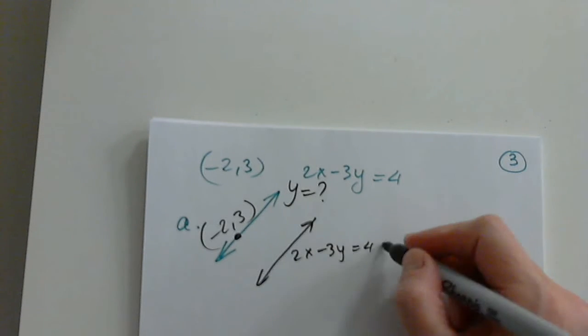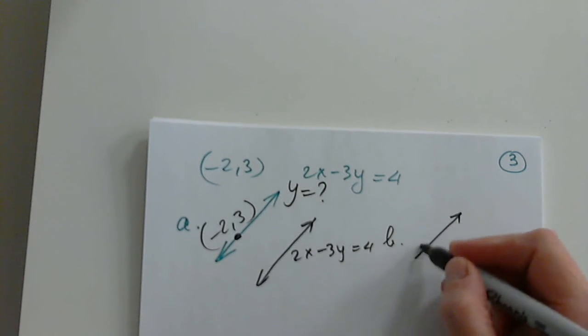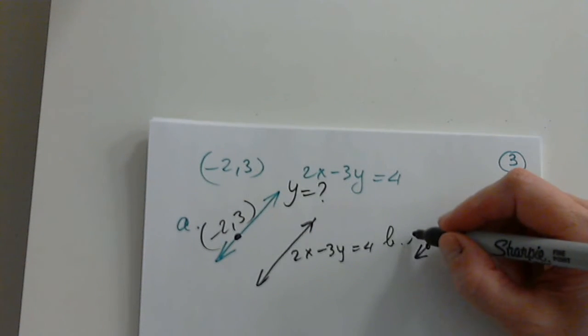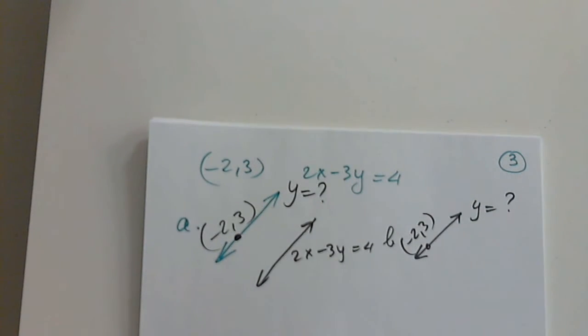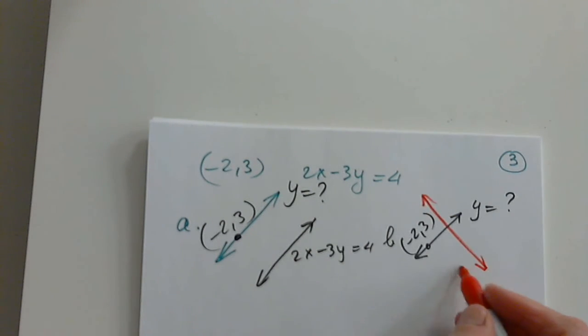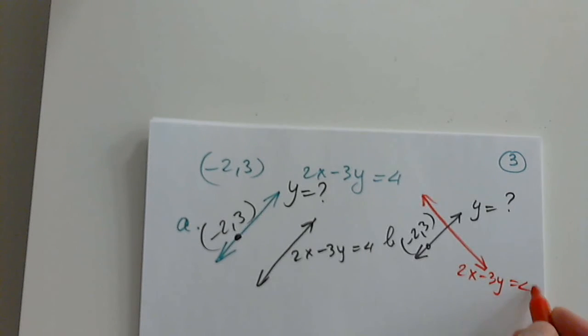In the second scenario, I have the line I don't have, still the same point (-2, 3), but this time the line whose equation is 2x minus 3y equals 4 is perpendicular. The 2 lines form 4 90-degree angles.